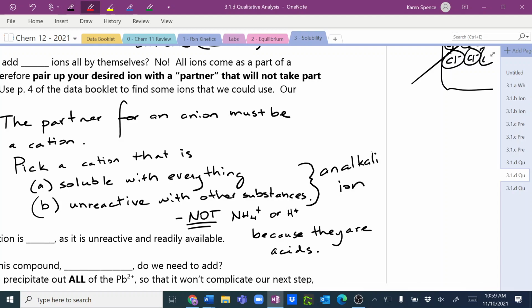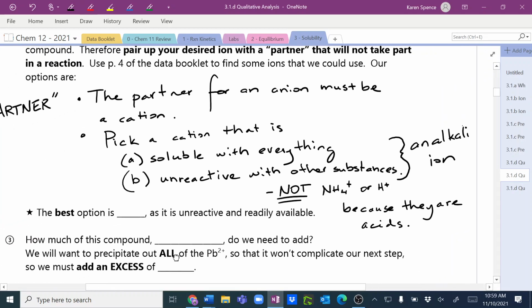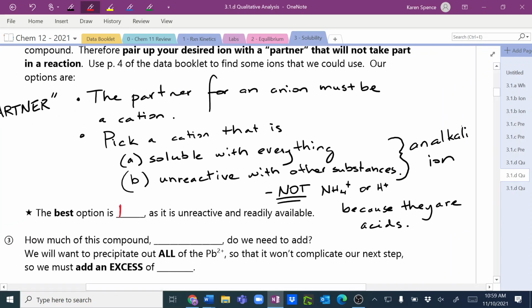And specifically, the best option is going to be Na+, because then you don't have to think very hard. But if you write lithium, that's fine. If you write cesium, that's fine. It's a little bit of a weird choice. You know, rubidium is radioactive. But if you chose it, it would be correct. But just stick with sodium and everything will be good.